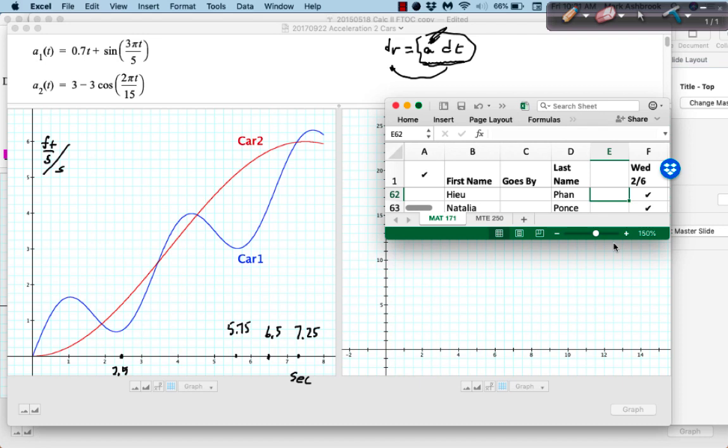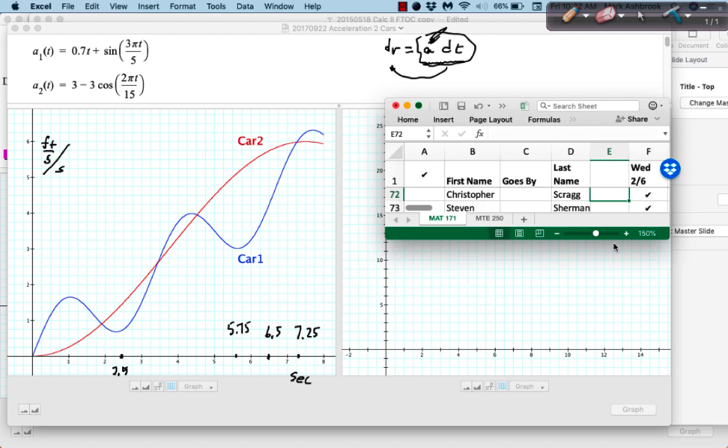Hugh. No? Natalia. Alyssa R. Go, you're writing the velocity function for car 1, velocity function for car 2. Andrew Reed. Alan. Chase R. Kayla. Jose. Madison.